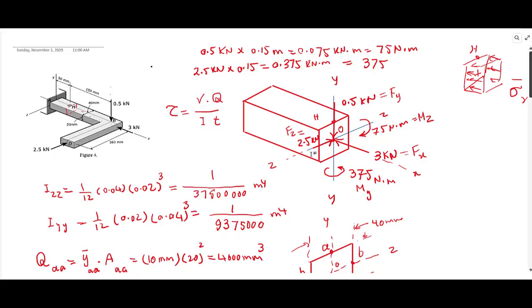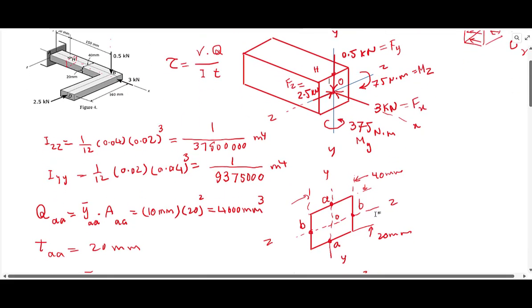First things first, I have calculated the second moment of area I_zz when the active bending moment is 75, and also the second moment of area about the y-axis when the active bending is 375 newton meter. Also, I have labeled the cross section using lowercase letters a and b.